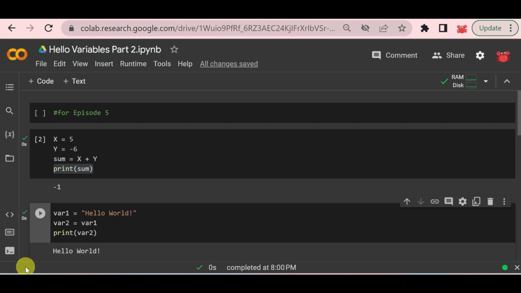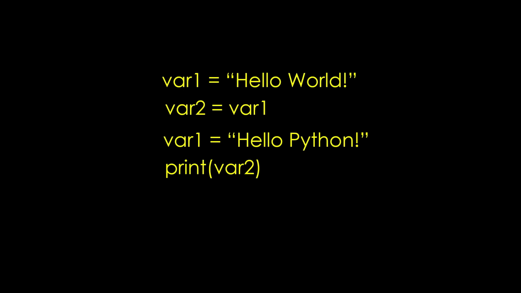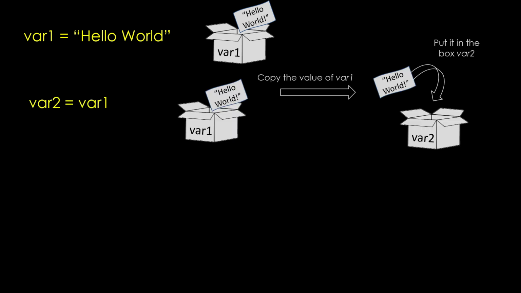Allowing such a transfer from one variable to another has an added advantage. For example, observe this code. var1 = hello world. This means have a new box and name it var1. Put the text hello world in the box. var2 = var1. This means have a box var2 and put a copy of var1's content in it.